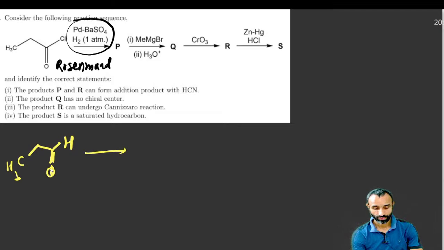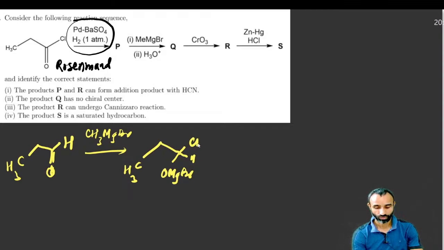Then when it is treated with methyl magnesium bromide, we get OMgBr and CH3.